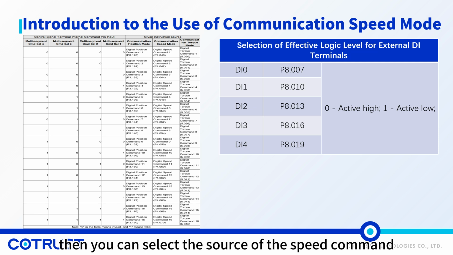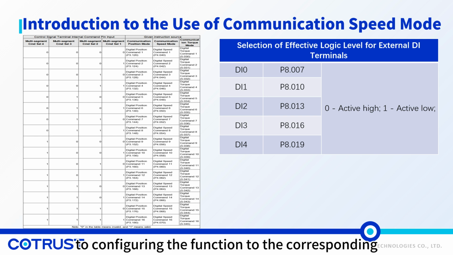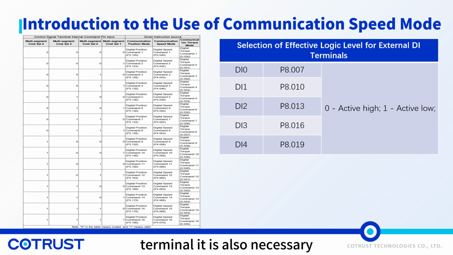Then you can select the source of the speed command by selecting 1 to 4 as 0, or 1 through multiple instructions. With terminal control, in addition to configuring the function to the corresponding terminal, it is also necessary to select the effective logic level for each terminal.